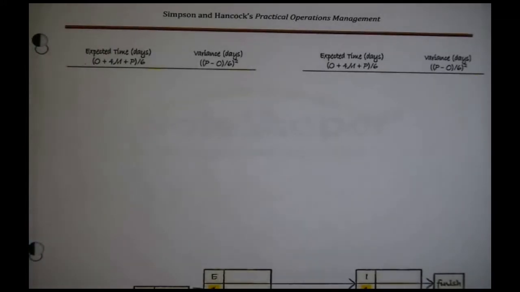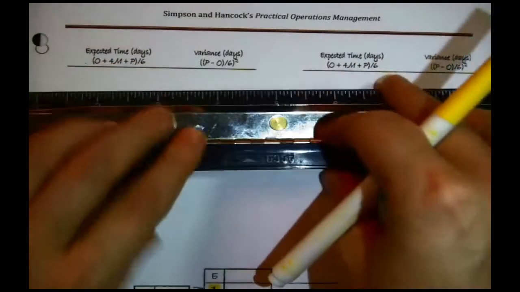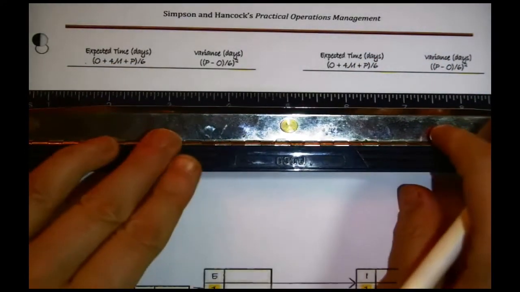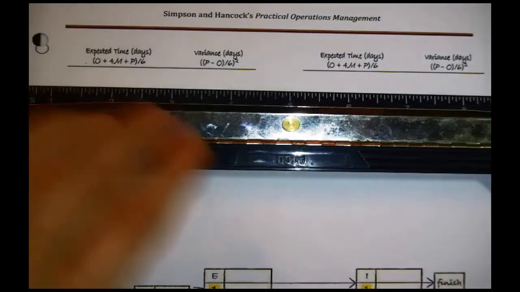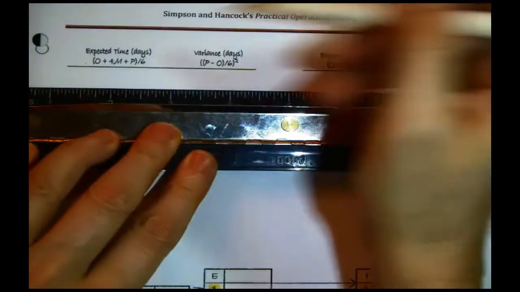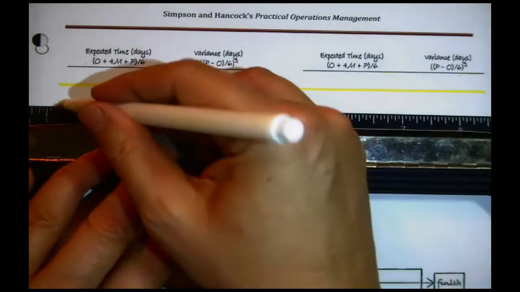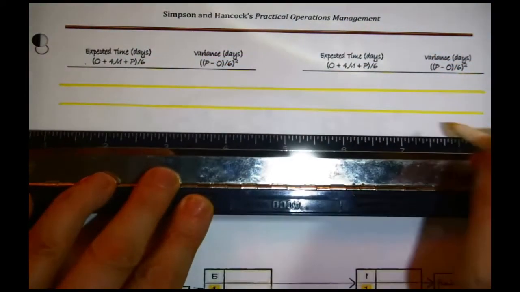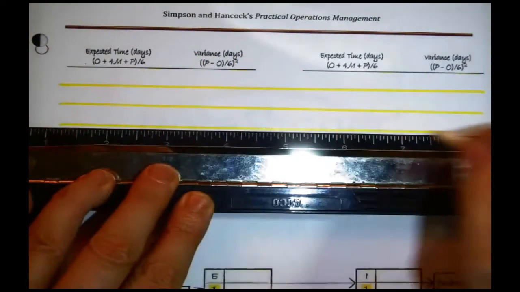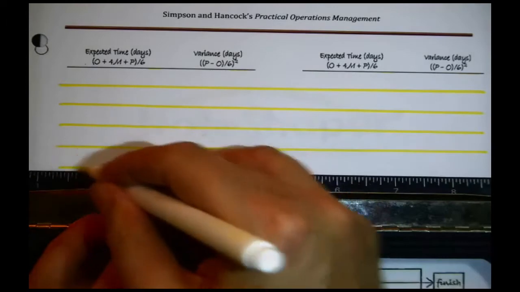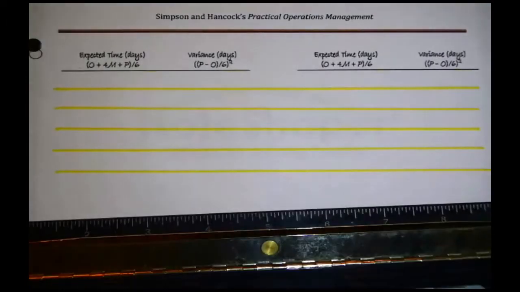I'm going to draw some lines just so that I keep all of my numbers straight. There are 9 tasks, so what will work is if I draw 5 lines: 1, 2, 3, 4, and 5. Now, why did I do that?